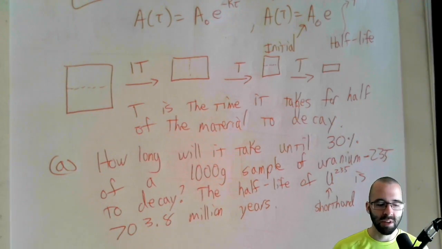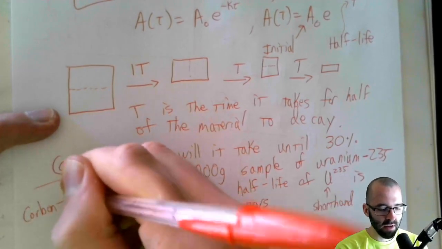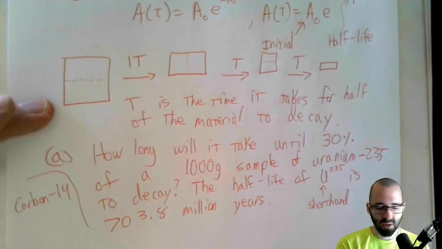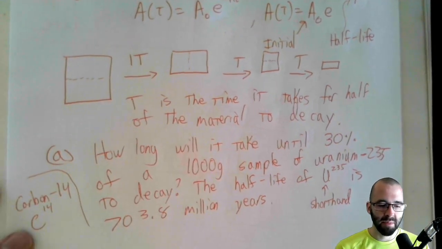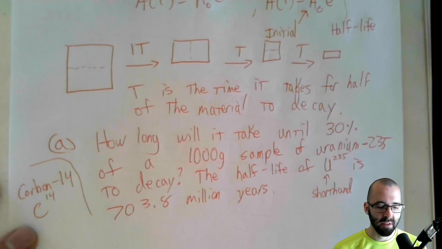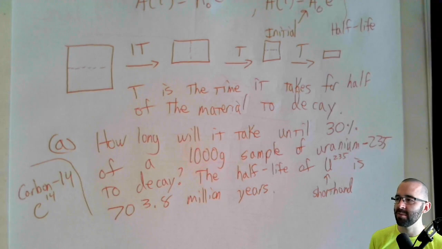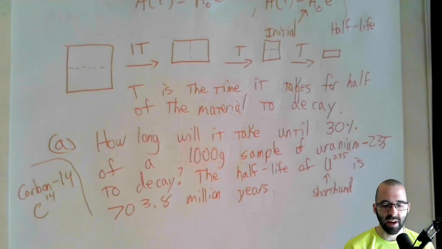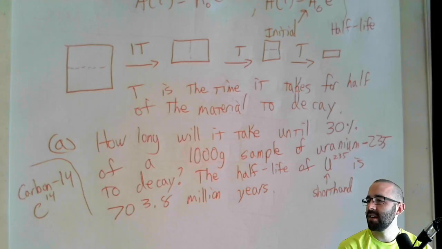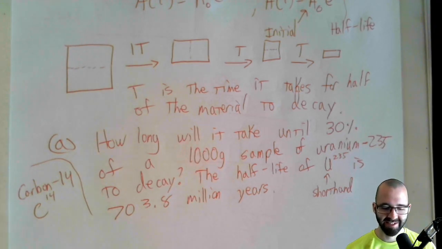When you see carbon-14, you're going to see it written like this. Or sometimes you'll see it written as carbon-14 because C is the element carbon. More neutrons than protons. Oh, okay, thanks. Because that's what we're dealing with here. This is just how you write isotopes. Good. I'm learning stuff today too.